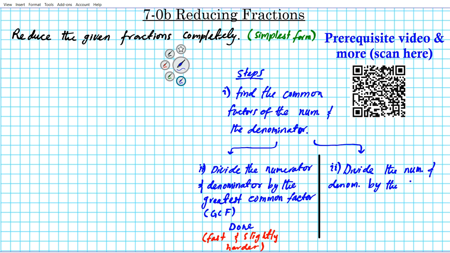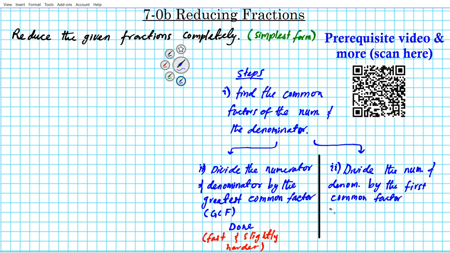So you're on the hunt for the first common factor, whatever it is. You don't care if it's the greatest or not. You just want to find one common factor that goes through.